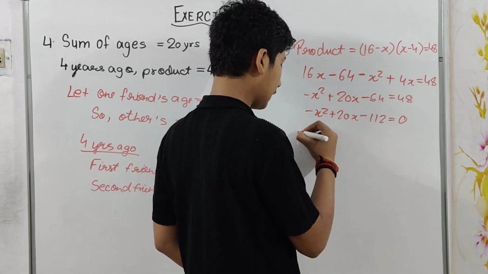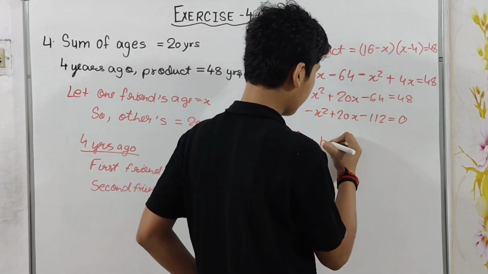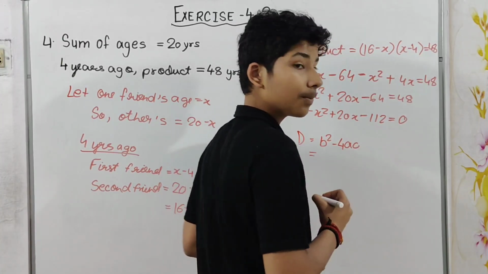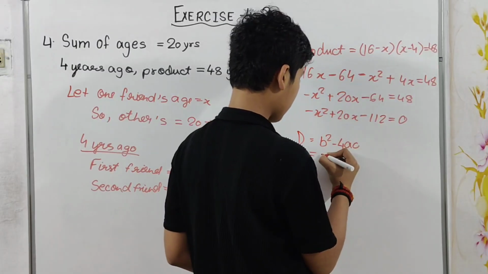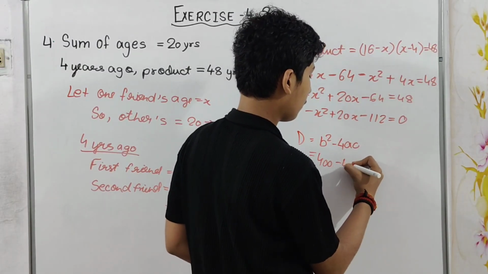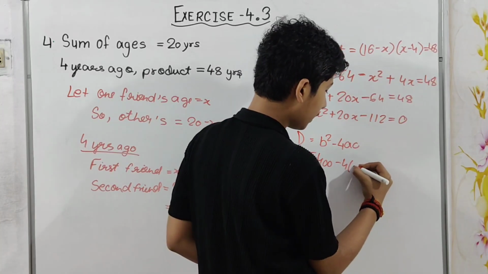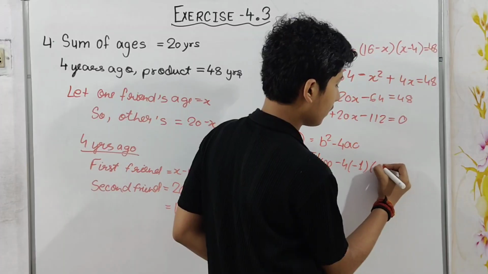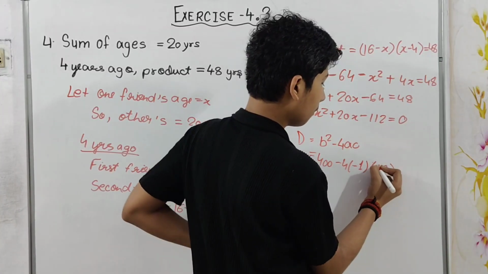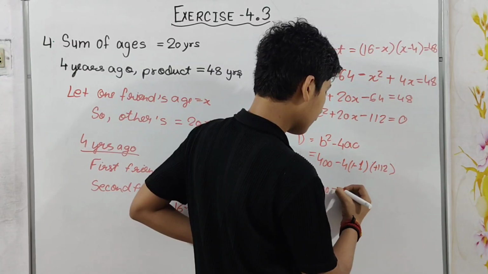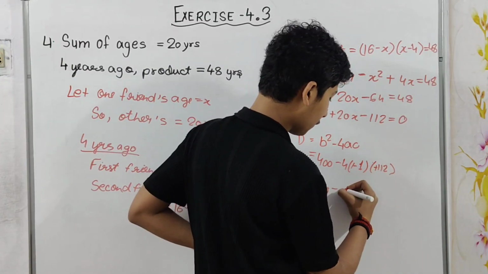Now we will find out D. D will be b square minus 4ac. B square, here b is 20. So 20 square is 400 minus 4 into a is 1, that too negative, and c is minus 112. Minus minus cancel. So 400 minus 112 into 4.